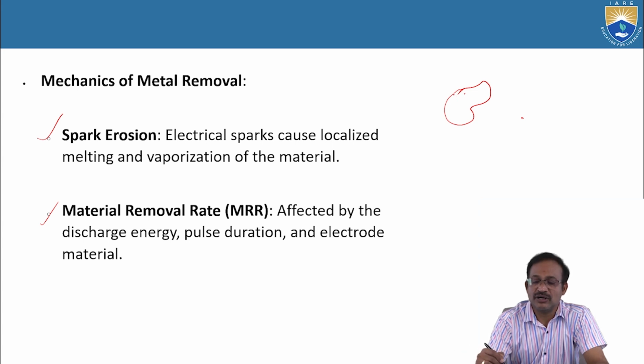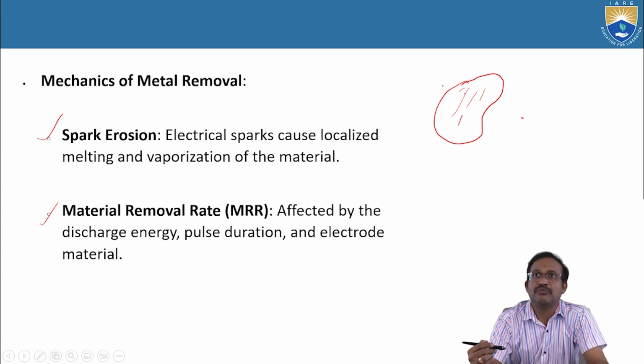Suppose you want to machine this area. There will not be any effect on the boundary profile of the machining area. Only the material removal should take place and the effect should be limited to this area only.